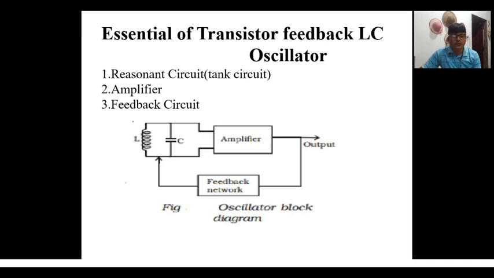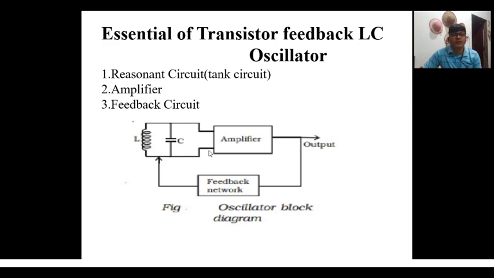If a part of this collector circuit energy is fed back to the base circuit in proper phase to maintain oscillations in the tank circuit, then losses will be overcome and continuous undamped oscillations will occur. This is the block diagram of the oscillator shown in the figure. The essential components of the oscillator are the tank circuit, transistor amplifier, and feedback network.